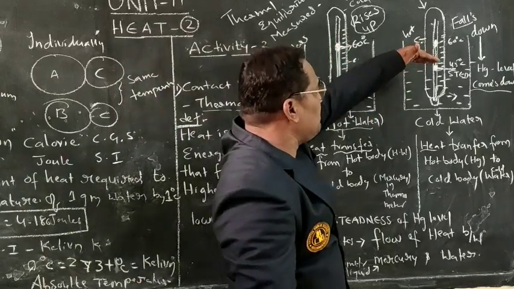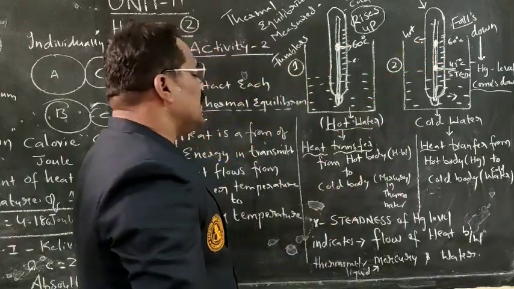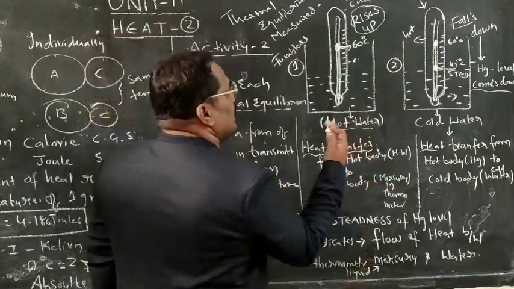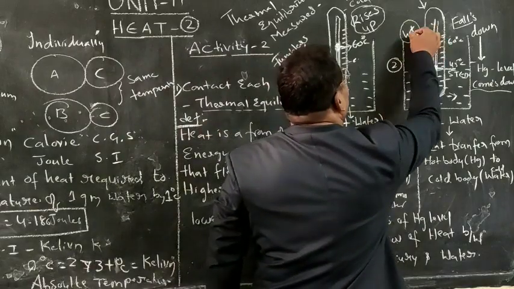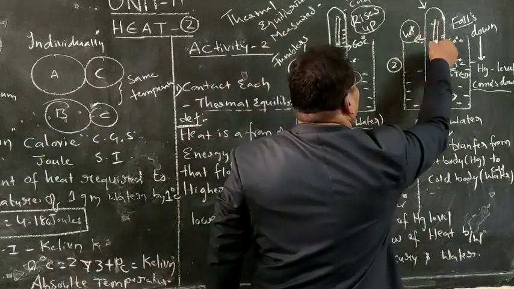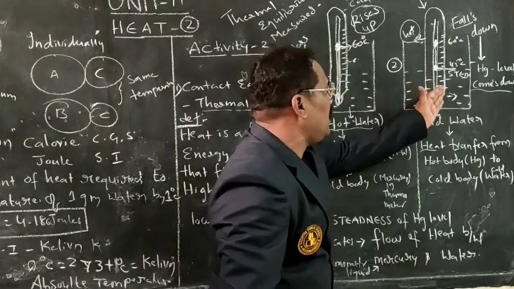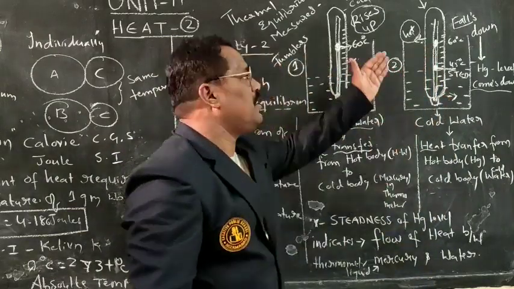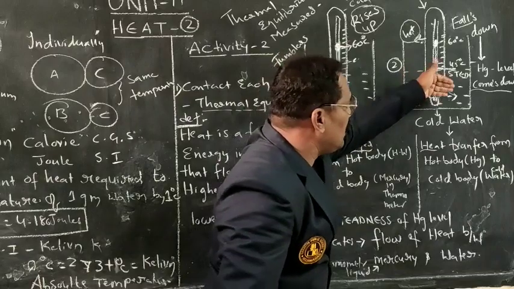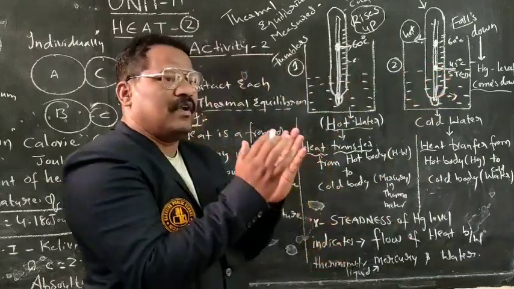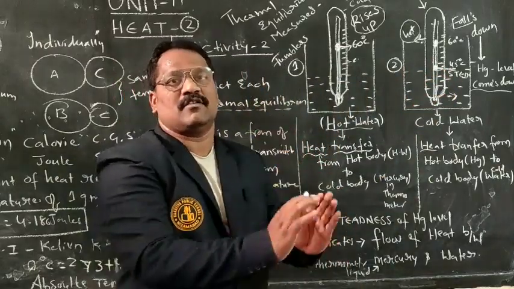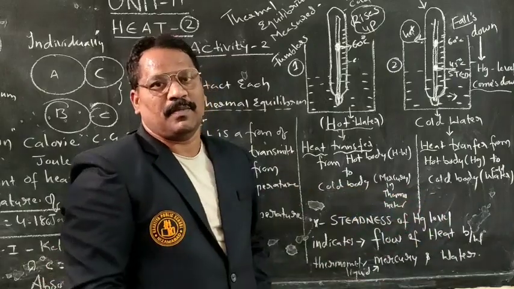As it attains that steadiness, it indicates nothing but what? Heat is not transmitting from the thermometer to the cold water. The flow of heat between the mercury of the thermometer and the water is remaining the same. It is not changing.